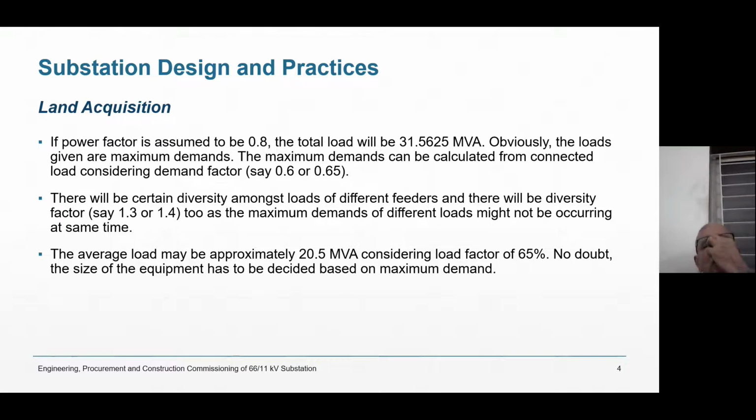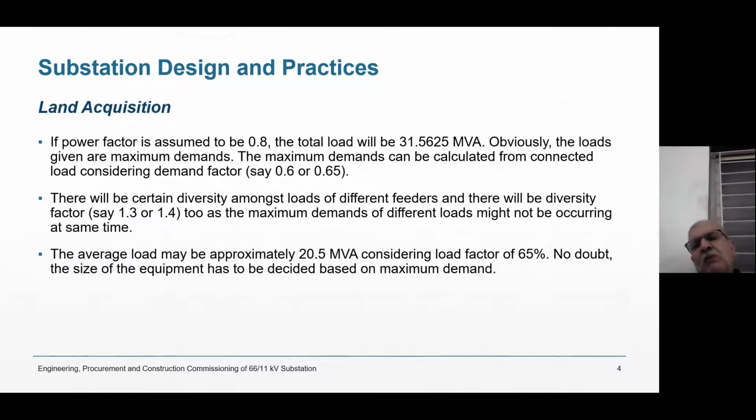Particularly, the municipal authorities are lifting water to overhead tanks, so they can do that at night. It's not necessary to do it in the day. So that way also diversity can be arrived at. But right now we are not talking about diversity also.